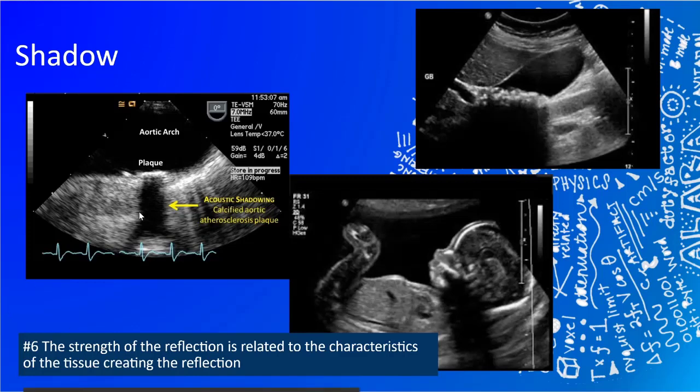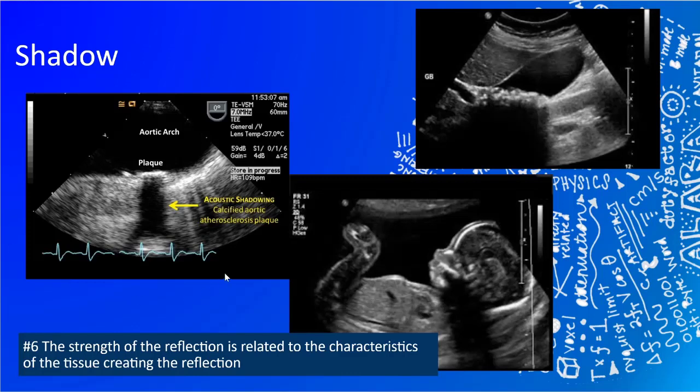We typically see it behind an area that is highly attenuating, like bone, gallstones, plaque within the arteries. What ends up happening then is that all of the sound is reflected at that interface, and because of that, there isn't enough sound energy to make any anatomy behind the reflecting structure.